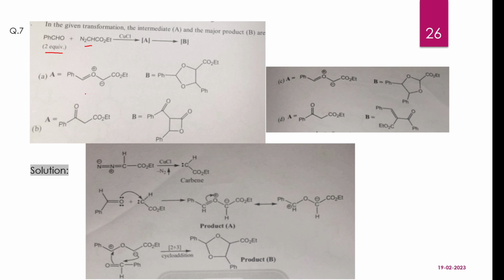So what will happen? There will be a dipolar addition reaction that I have taught earlier in this lecture. So it will add up to this aldehyde, a cycloaddition reaction, giving us the product. See? Cycloaddition reaction giving us the product.